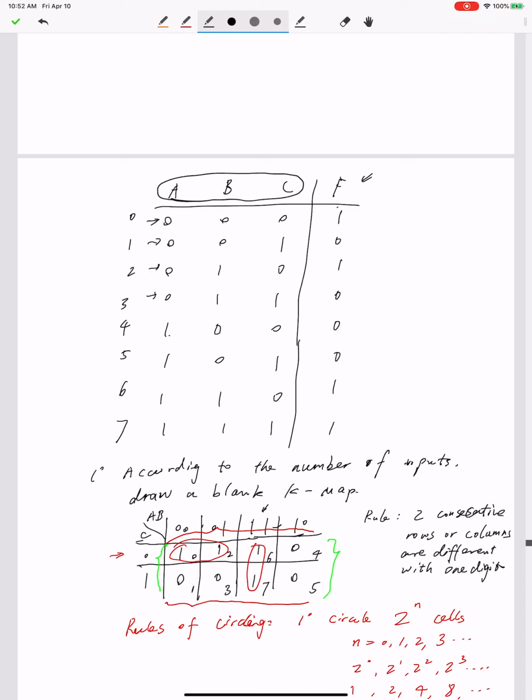And also, if we know the rows that are outputting 1s, then we can determine the entire output, right? Because for the truth table, the output is either 1 or 0. If we know which rows are outputting 1, then the remaining rows are outputting 0, right? That's like flipping a coin.